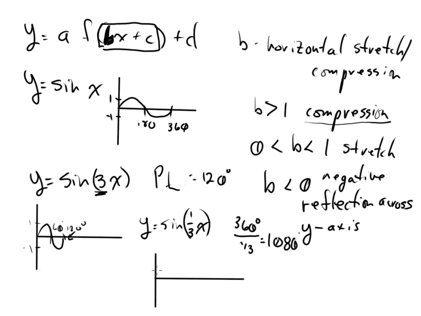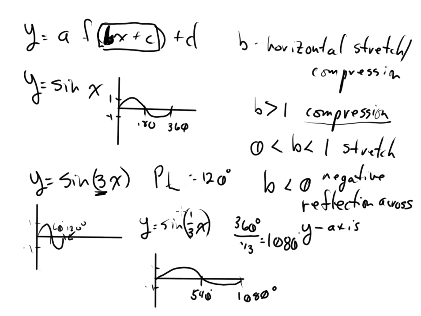Okay, so the sine function still is going to go from 1 down to -1, and now it's going to be a much longer period length. So amplitude's still going to be the same. So halfway now, if we did 180 and we divided it by 1/3, we're going to find out that it is 540 degrees. And the final period length here is going to be out to 1080.